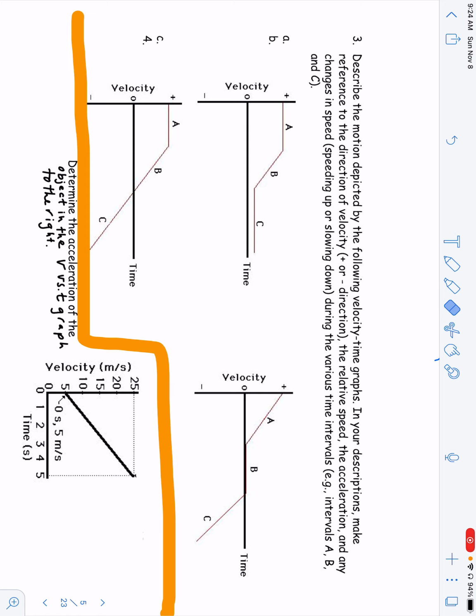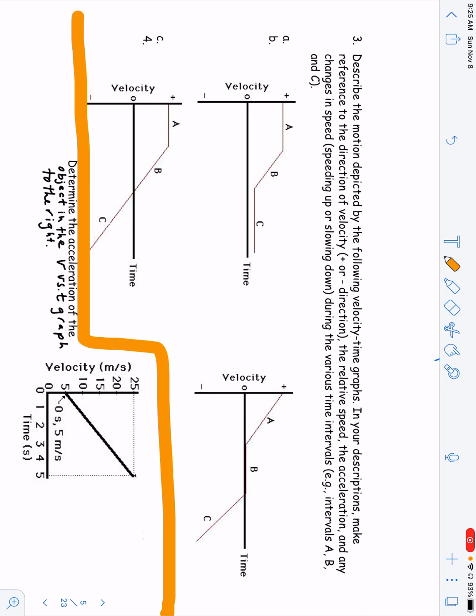Describe motion by the following. Is the speed increasing or decreasing? Is it going faster or slower? So, this is a v versus t graph.